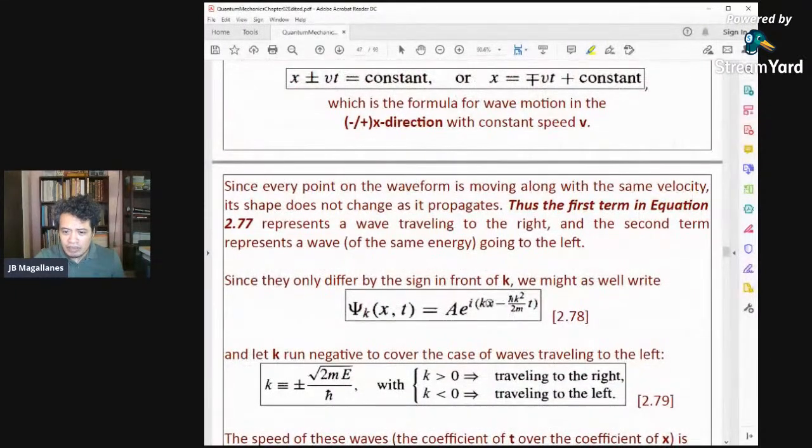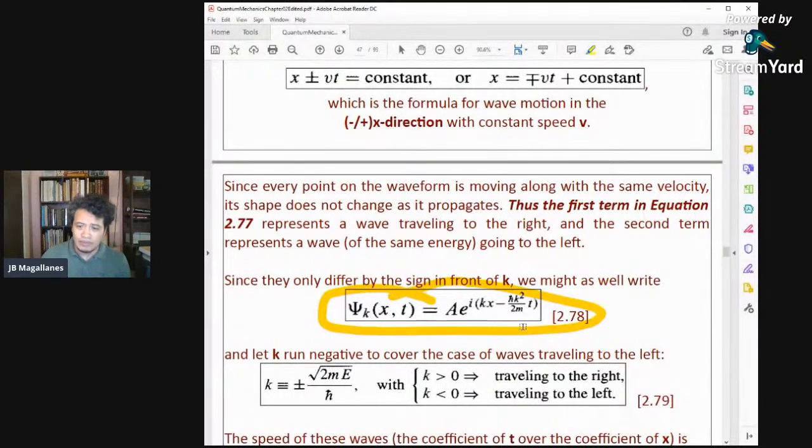But we just have to note that if k is greater than 0, that would be a wave traveling to the right, and if k is less than 0, that would be a wave traveling to the left. So here k is for that one there, or also for this one.